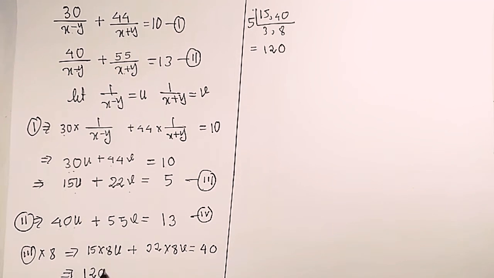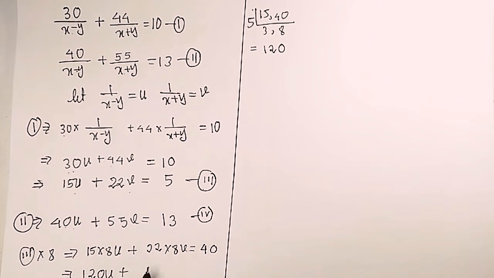So it's 120u plus 176v equals 40. Call this equation 5.